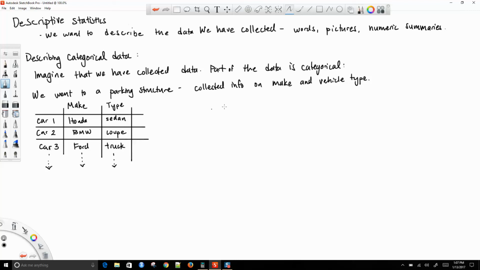And so we can summarize this. Let's say we have 100 vehicles total. We can summarize with a frequency table.